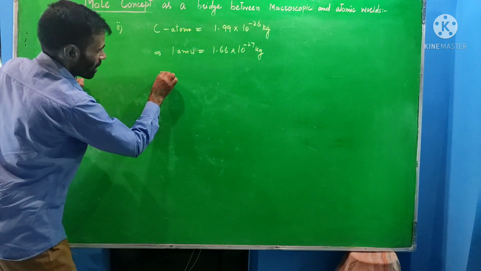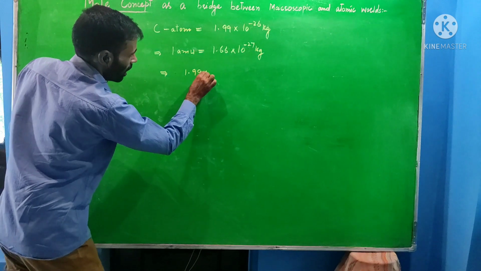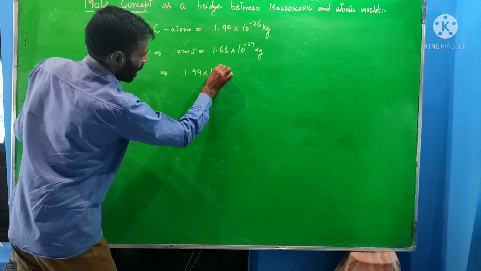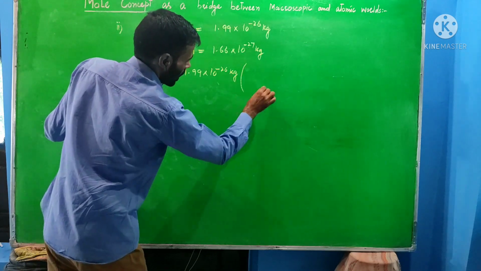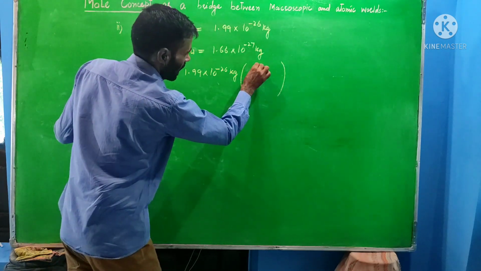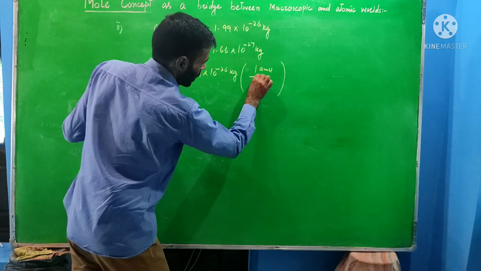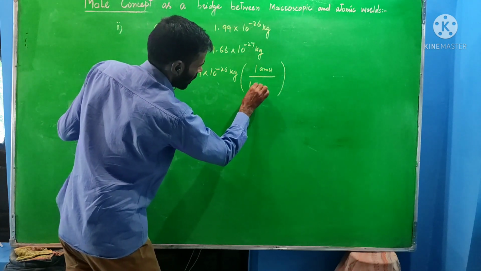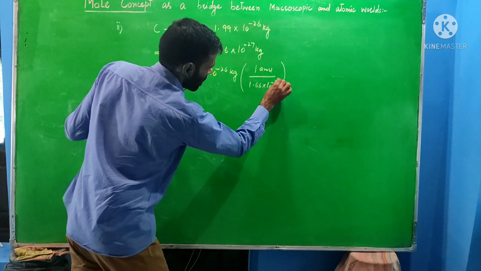So we will multiply 1.99 into 10 raised to power minus 26 kg by 1 U divided by 1.66 into 10 raised to power minus 27 kg.